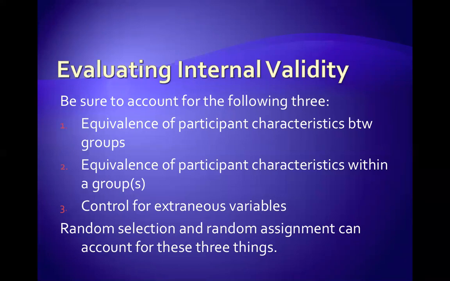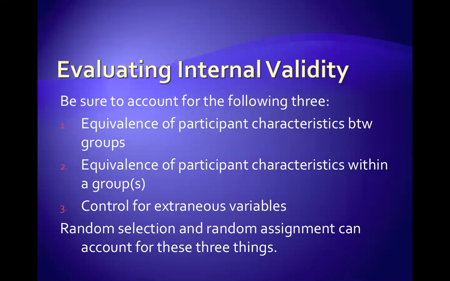If you're studying, let's say, depression, and you're running a clinical trial where you want to see if there's differences between the groups in depression after the interventions were given, you want to make sure that all 3 groups have the same level of depression. You don't want group 1 to have profound depression, whereas group 2 has minor depression, and group 3 has moderate depression, because that's going to affect your results.